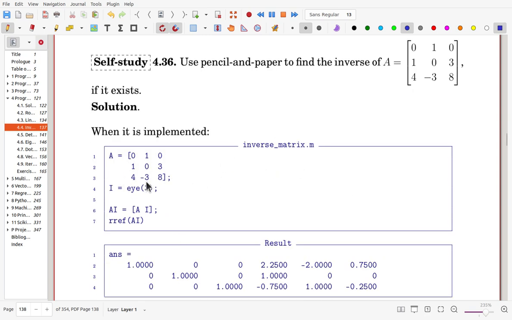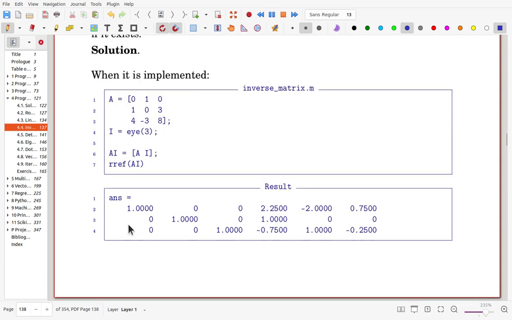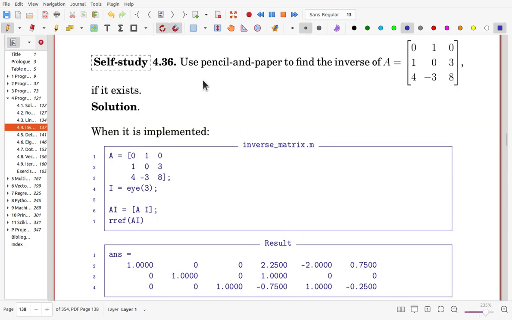We define A, and now I, 3, that is making a 3 by 3 identity matrix. So we form the augmented matrix and try to reduce to echelon form. So the first part becomes identity. Now this portion is A inverse. Just by using pencil and paper, try to check it.